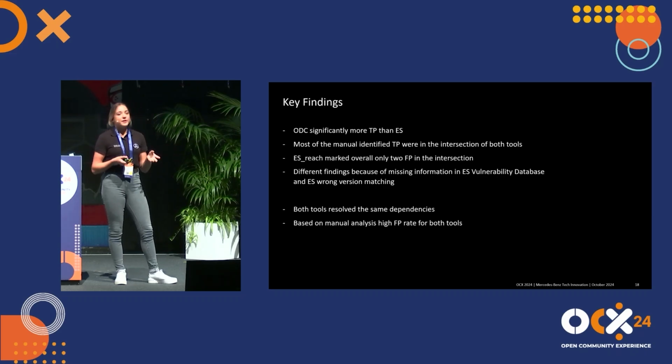We also did some research on the dependencies. There we found that both tools could resolve exactly the same dependencies. And based on our manual analysis, we also found that both tools had a very high number of false positives.